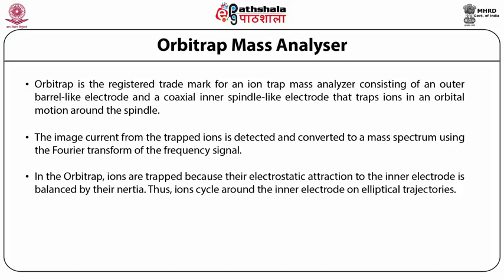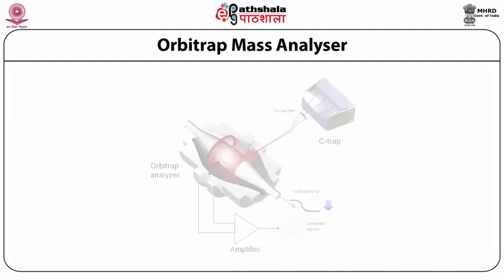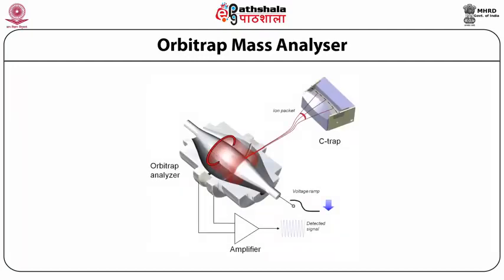Thus, ions cycle around the inner electrode on elliptical trajectories. In addition, the ions also move back and forth along the axis of the central electrode so that their trajectories in space resemble a helix. Schematic diagram of Orbitrap mass analyzer.